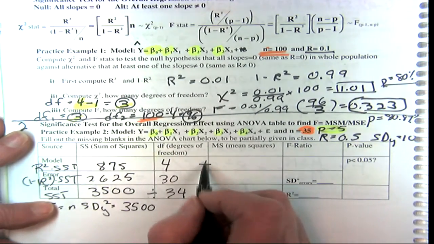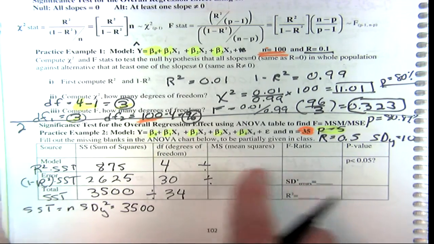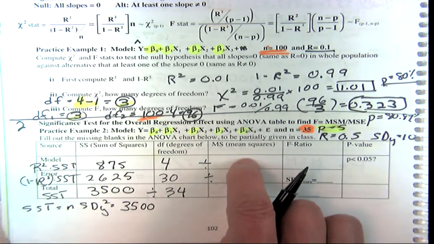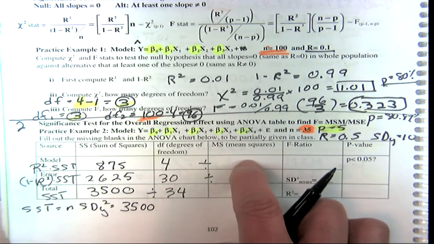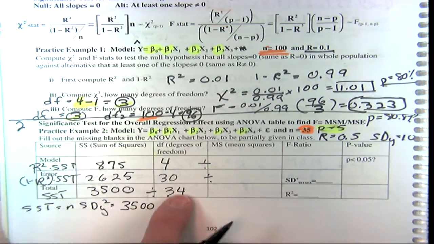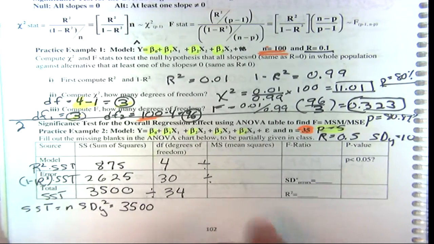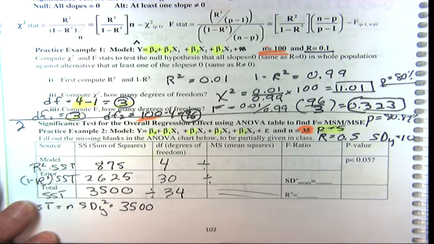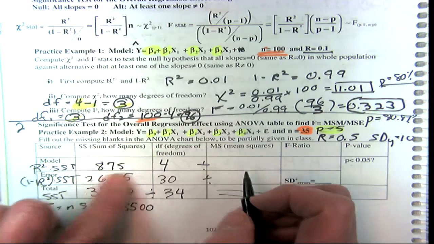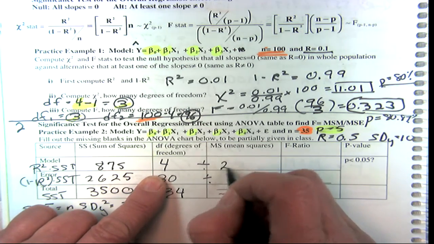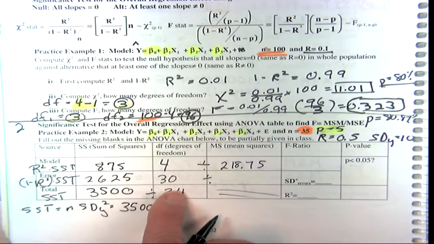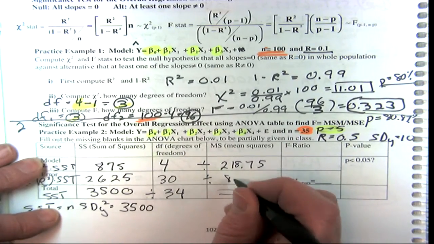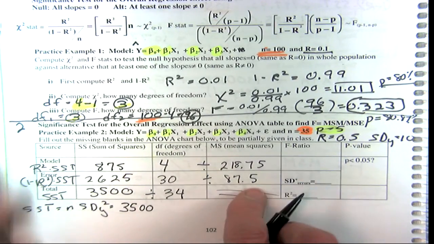What we're trying to get is this F ratio, which is the relationship between these two. We don't need anything here, so we can just cross that out. So we have 875 divided by 4, and then 2625 divided by 30, and we're just taking the ratio of those two.